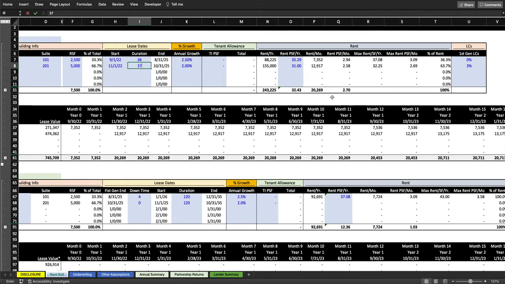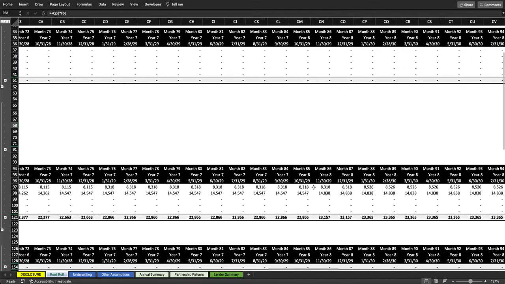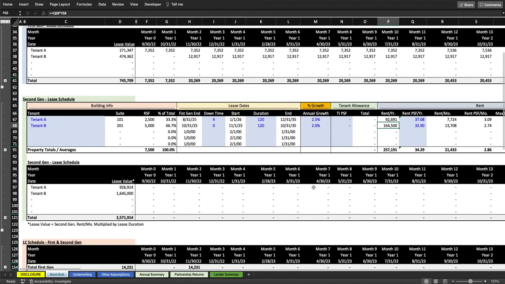So if you make this 37, that's going to be the first month of the fourth year, to see what that would be, and that would be 32.9. So we can go over here and make this 32.9. And then it just shows you what their rent per year is. Now you'll see these two tenants are in place for the remaining life of the model.